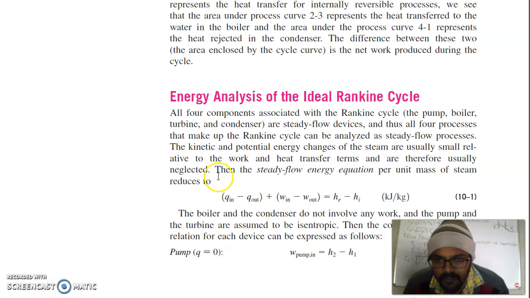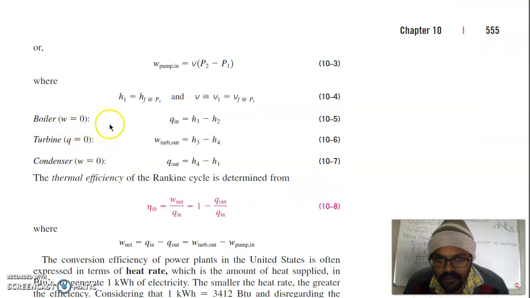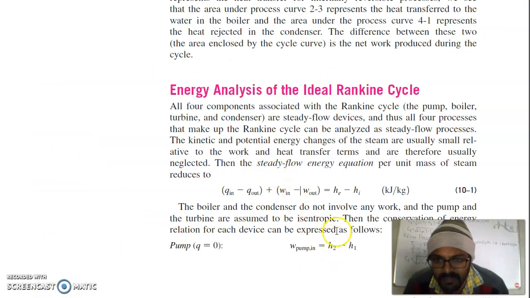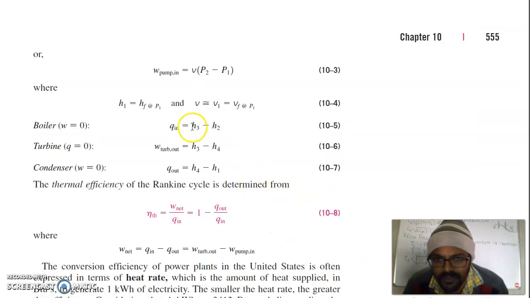In case of the boiler, it is only a heat transfer device, so W is 0. So Q in is equal to H3 minus H2, where H3 is the enthalpy of the fluid stream at the outlet of the boiler, and H2 is the enthalpy of steam at the inlet of the boiler.